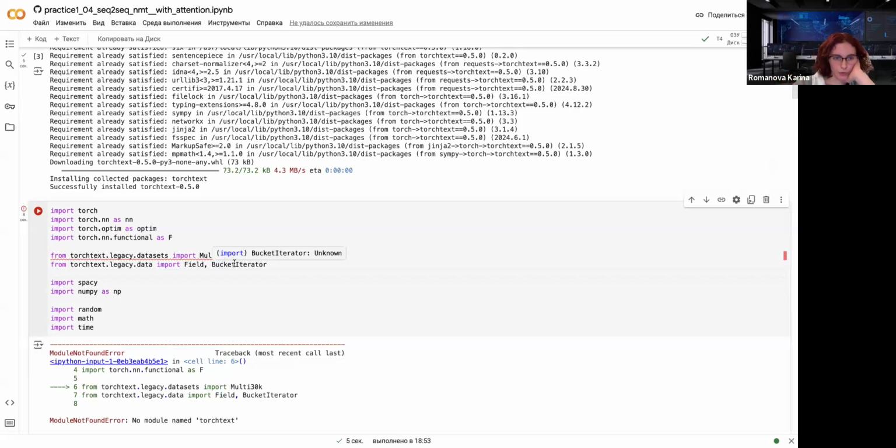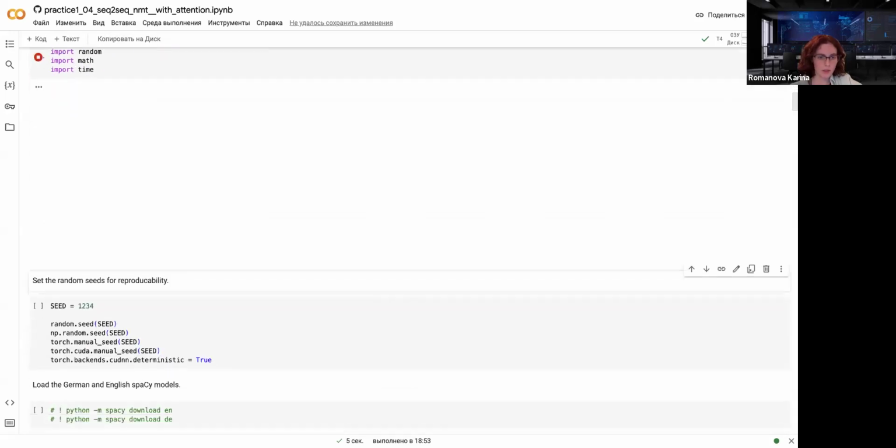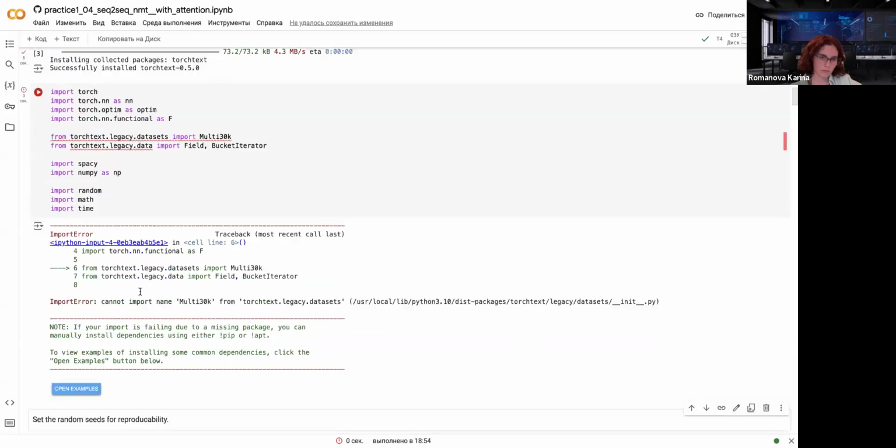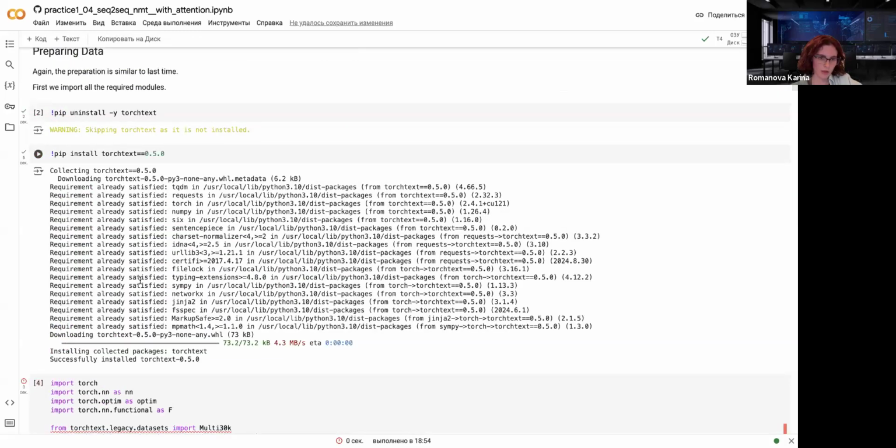Okay, we import PyTorch, we import NumPy and Torchtext, to handle data operations, neural network layers, and text processing. Then we can set... What's wrong?